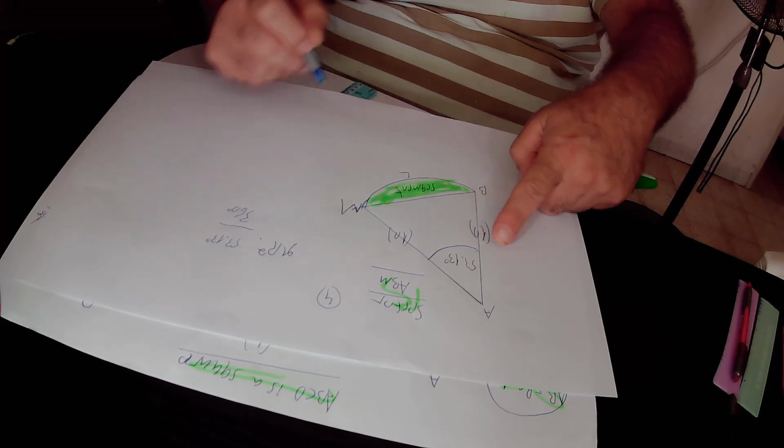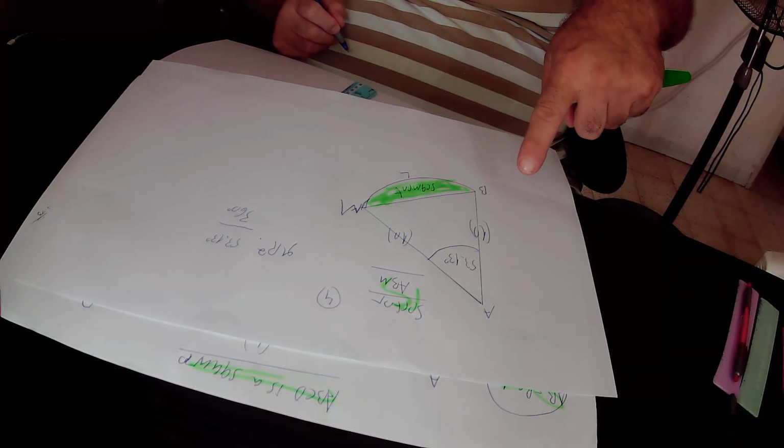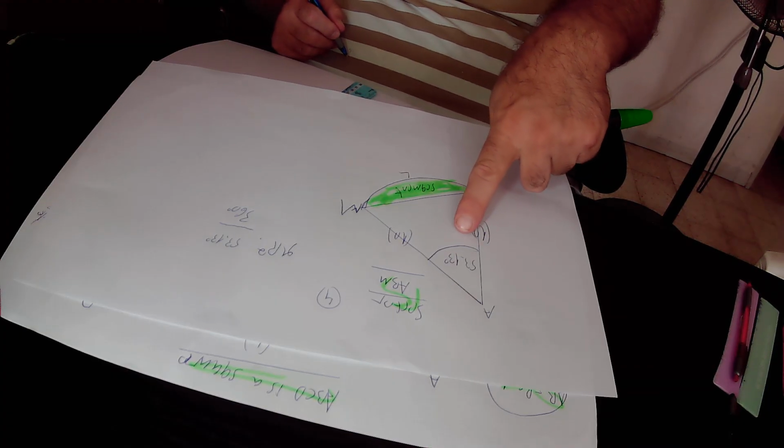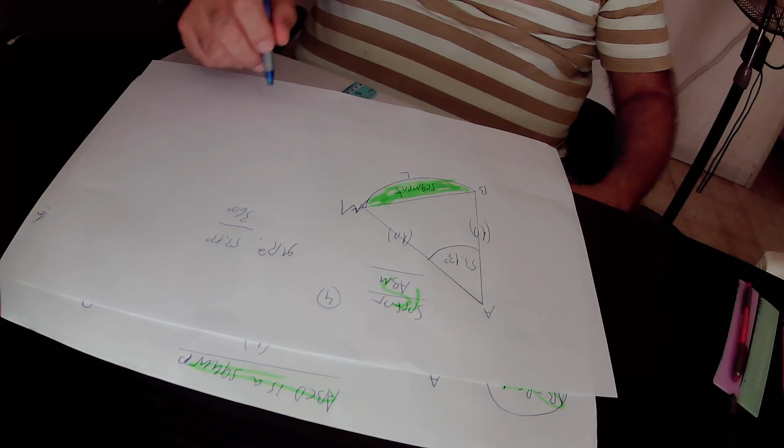Repeat again. The area of sector ABM equals pi r squared times the angle between the legs of the sector, 53.13 degrees over 360 degrees.